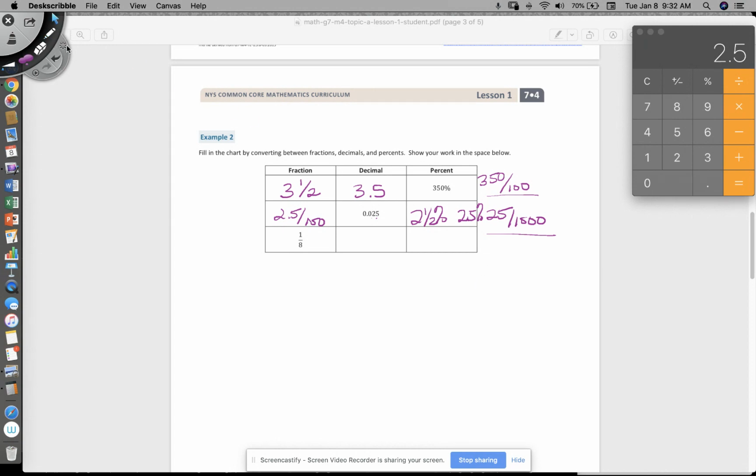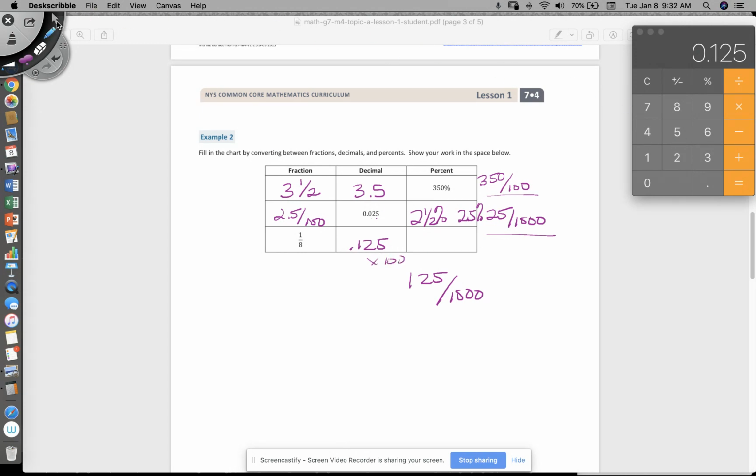Next one, we have 1/8. So if I come over here and I do 1 divided by 8, that'll give me my decimal. All right, so we have 0.125.